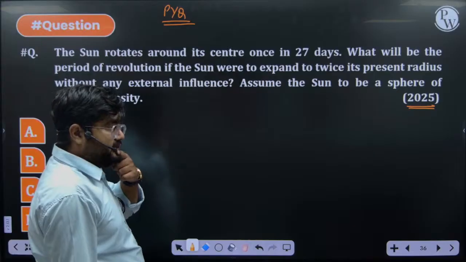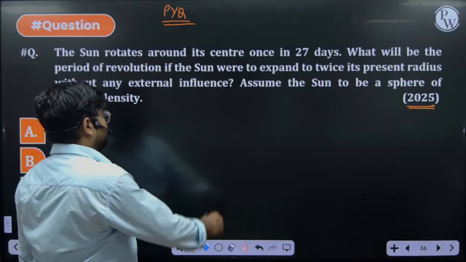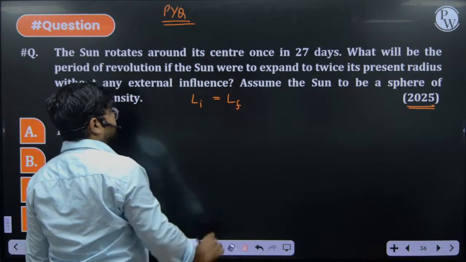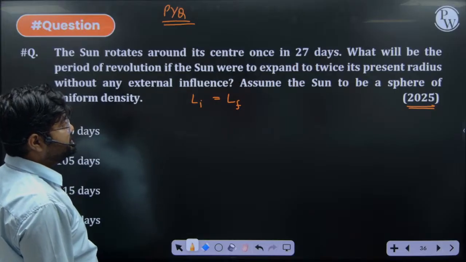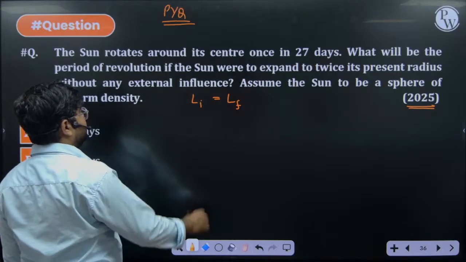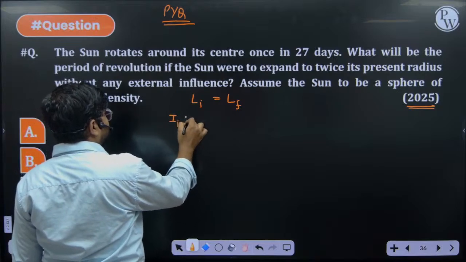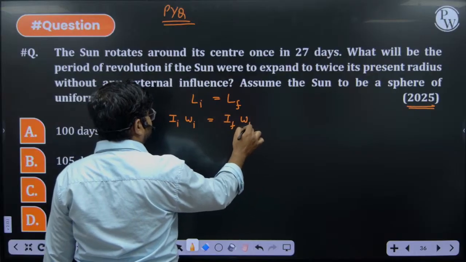Without any external influence, so net torque is 0. So angular momentum is conserved. L initial equals L final. Assume the sun to be a sphere of uniform density. So this is I initial, omega initial, I final, omega final.